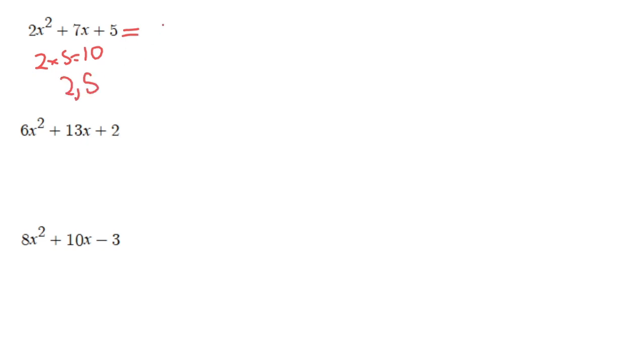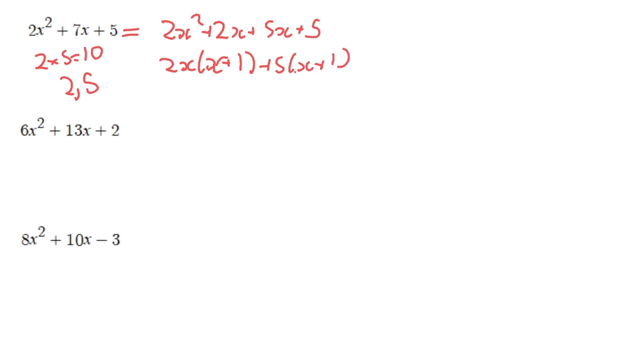So you would split that up into 2 and 5. So you get 2x squared plus 2x plus 5x plus 5. Then you would factorize out a 2x from the first pair to get x plus 1, and a 5 from the second pair to get x plus 1, and we did it correctly because these two are the same, and you get 2x plus 5 times x plus 1.